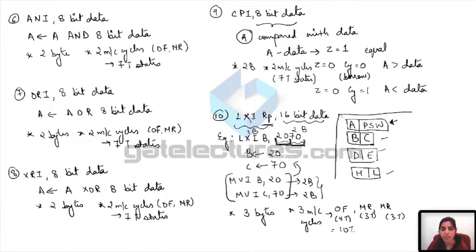Whereas using these two instructions, we needed 14 T states, right? So we are saving some time and some memory using the single instruction instead of these two instructions. But just one thing that you need to remember is higher byte in higher register. This is the only thing.